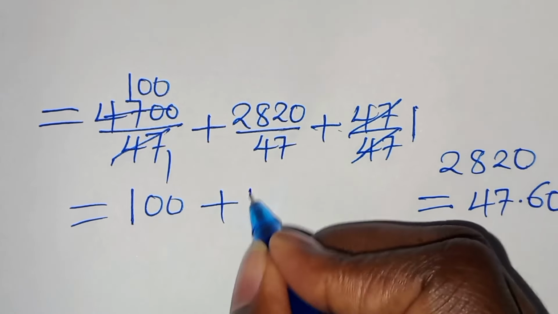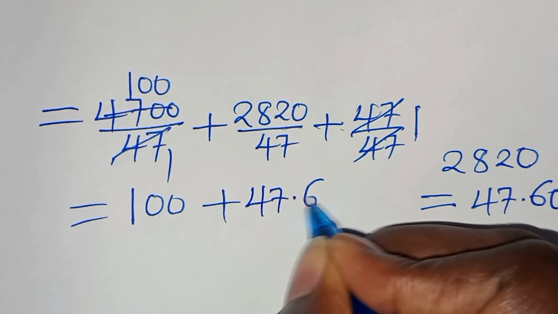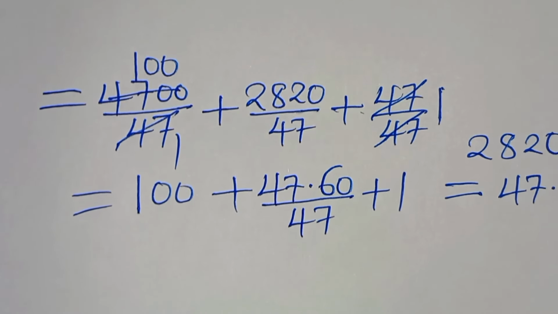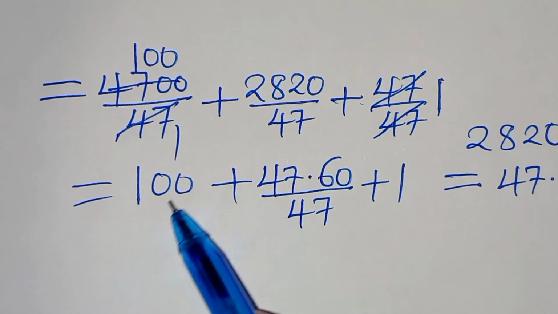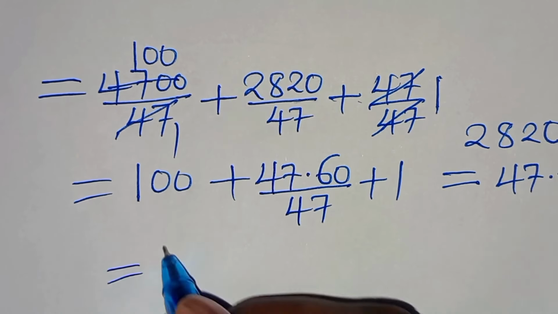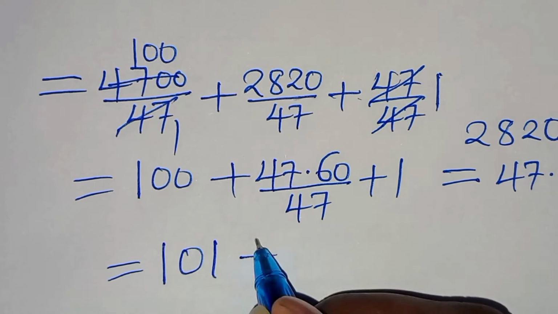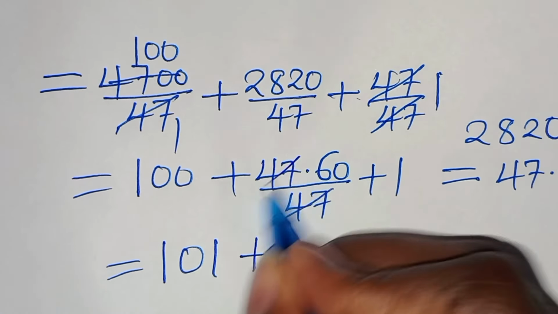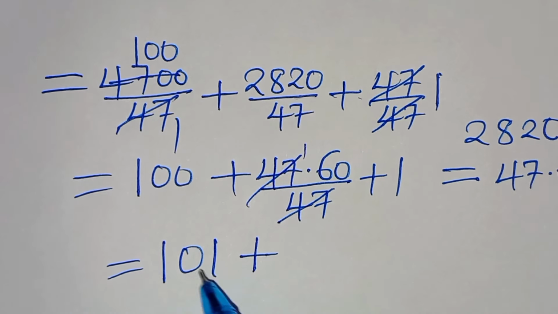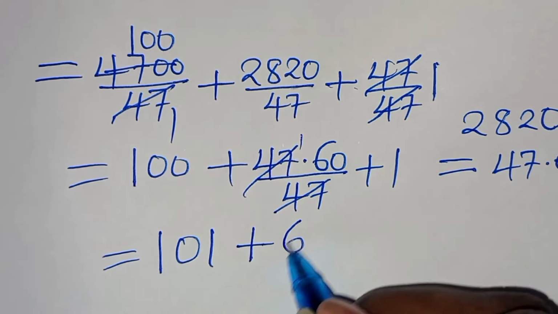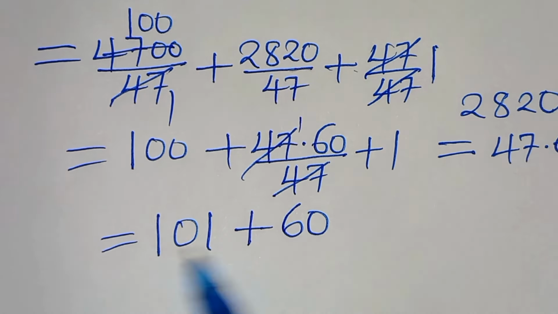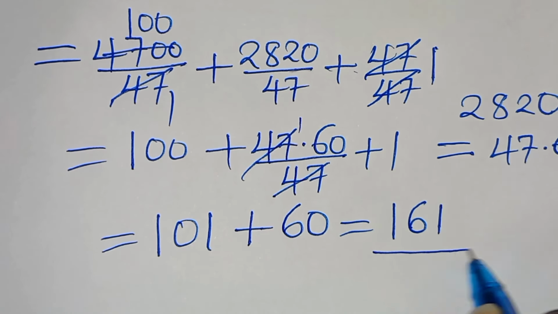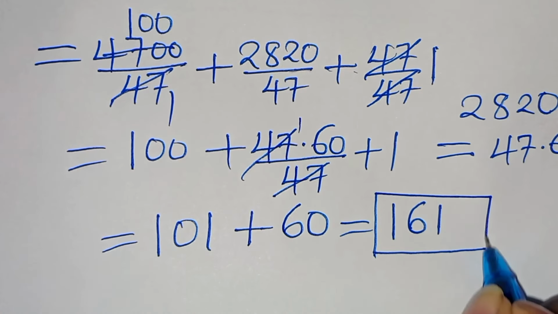So we have 47 multiplied by 60 divided by 47, then plus 1. So from here we have 100 plus 1, this is equal to 101, then plus, here we have 47 and 47, which simplify, so we have 101 plus 60. And this means that 101 plus 60 is equal to 161. And this is the solution to this math problem.